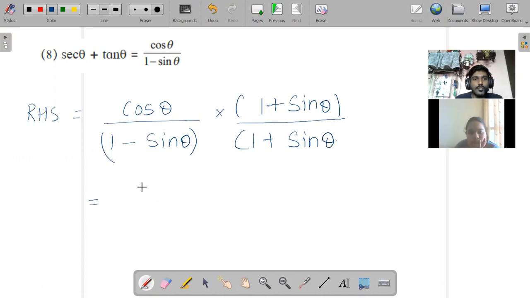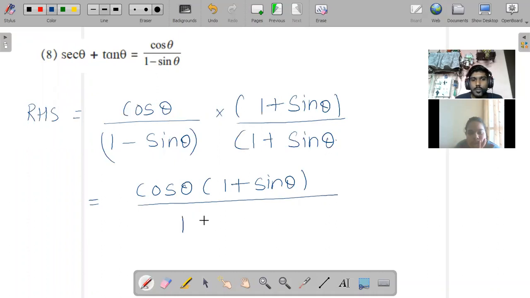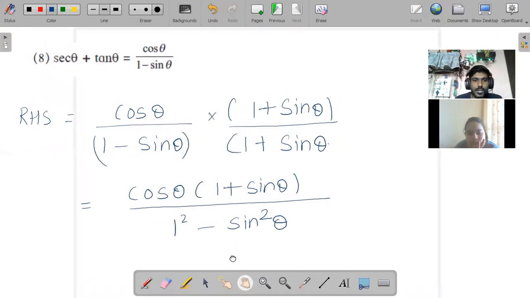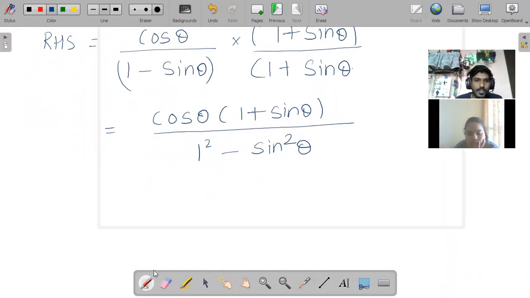Okay, so now if you multiply this, this would become cos theta into 1 plus sine theta. And the denominator becomes of the form a minus b, a plus b. So it will be a square minus b square. Correct? Yes. So I doubt the answer will come. Okay, let's try.